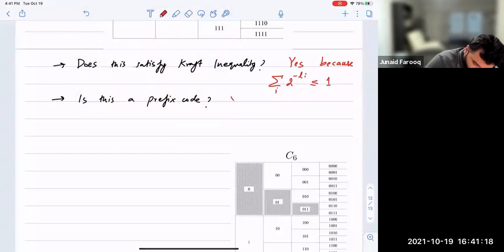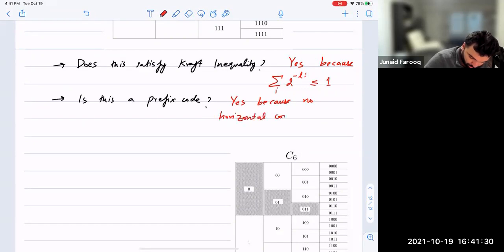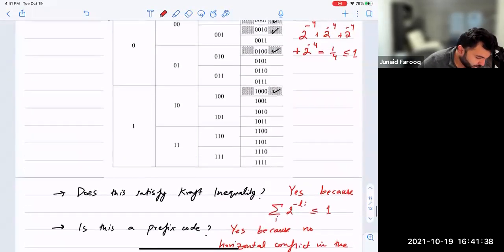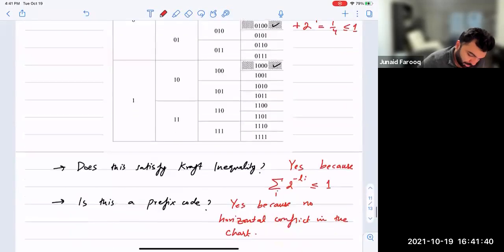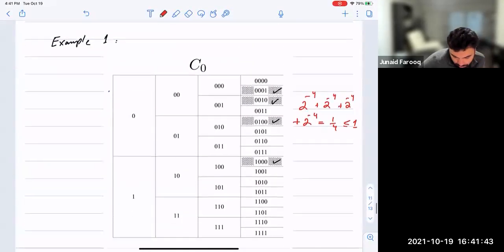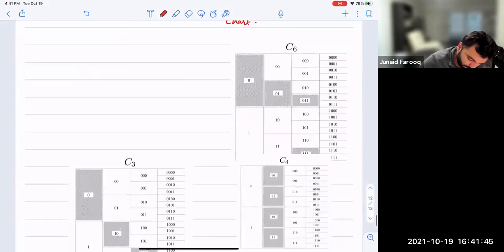And the answer is yes, because no horizontal conflict in the chart. Okay, so I mean, this is one basic example, but let's look at other examples.